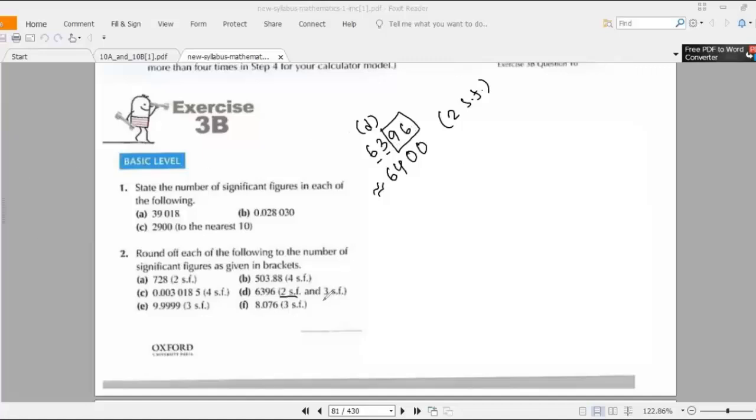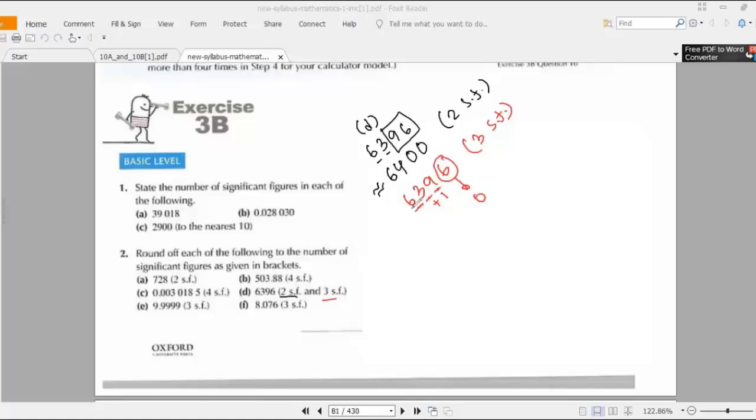And here, the question again says to convert into 3 significant figures. So we need to think about three digits of 6396. One significant, two significant, three significant. So now, after 639, this 6 will be 0 to convert into three significant figures, and we need to add 1 with it.